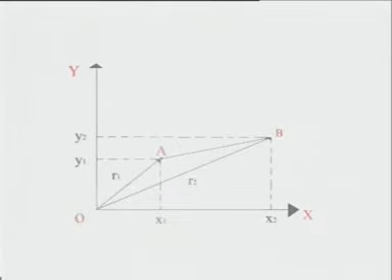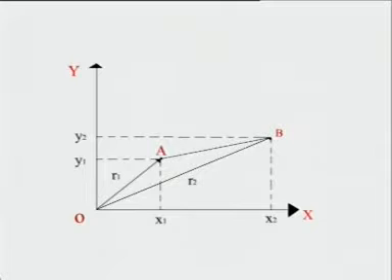Motion in a plane. Motion with uniform velocity in a plane. Consider a point object moving in the xy plane with a uniform velocity vector v. Let us suppose O is the origin for measuring time and position of the object.